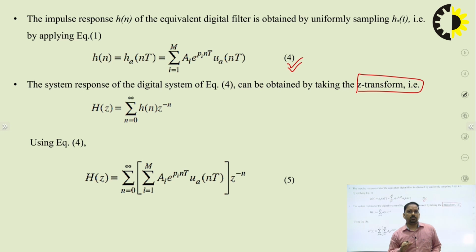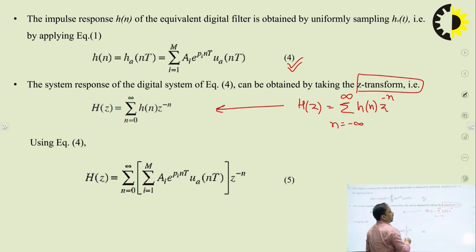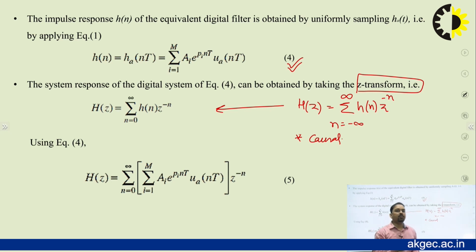The equation for the Z transform, which we are already aware of, is H(z) equals the summation from n equals minus infinity to infinity of h(n) z raised to power minus n. Since our system is a causal system, that means the system will be right sided.